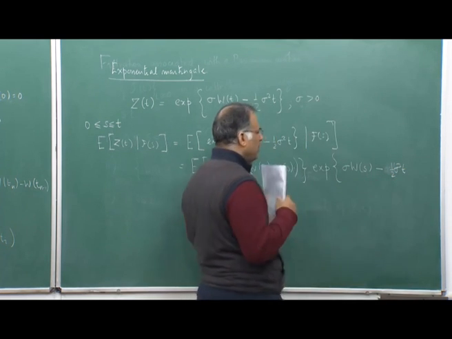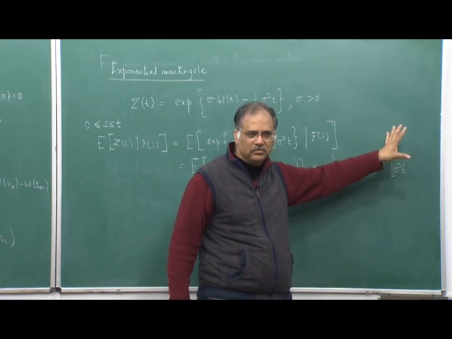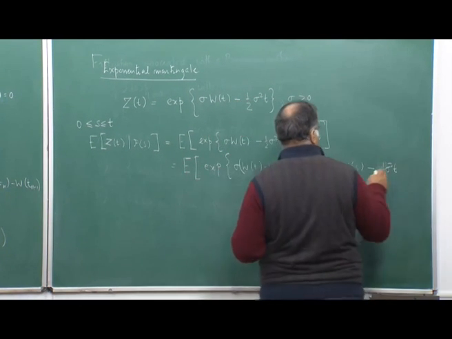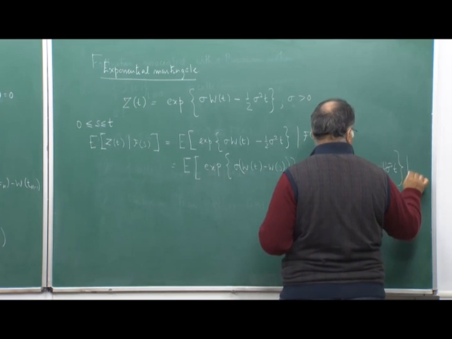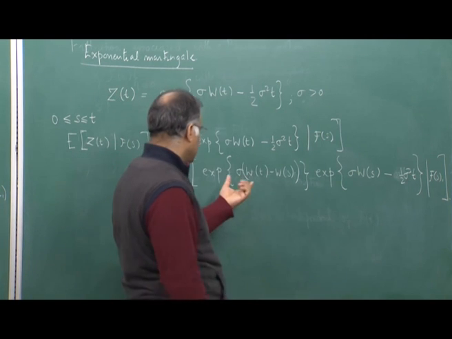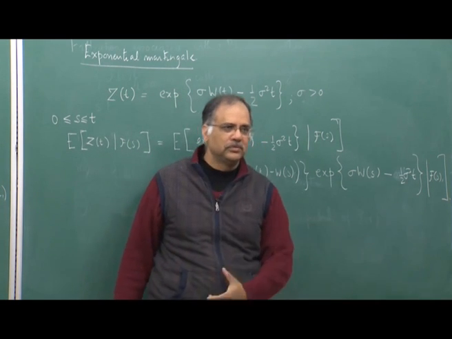Observe this, sigma square t is a non-random part, it is not a random variable, right. So, here is the product x into y.